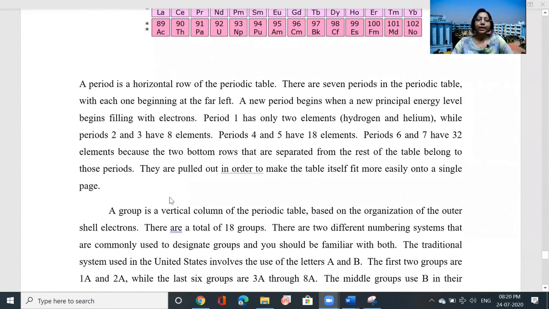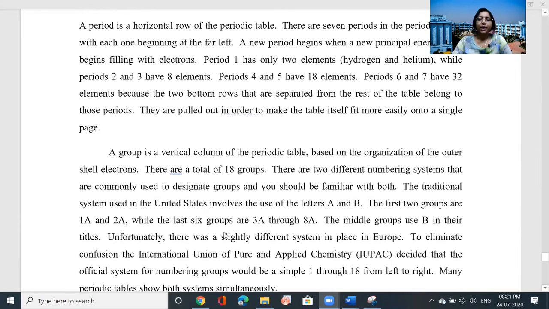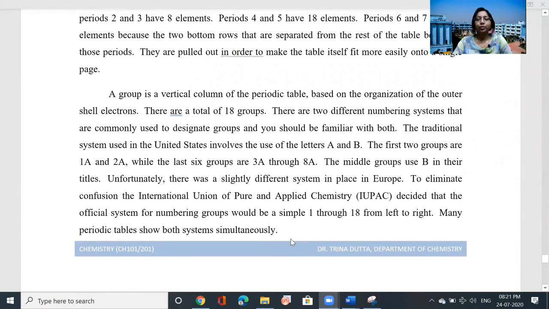Now a group is a vertical column of the periodic table based on the organization of the outer shell electrons. There are a total of 18 groups. There are two different numbering systems commonly used to designate groups, and you should be familiar with both.